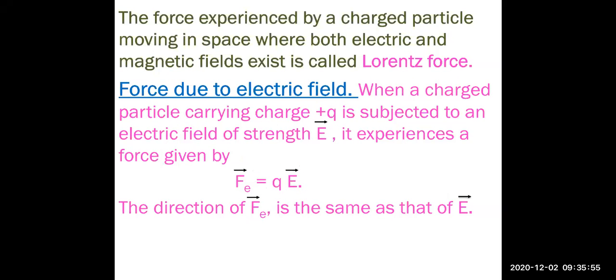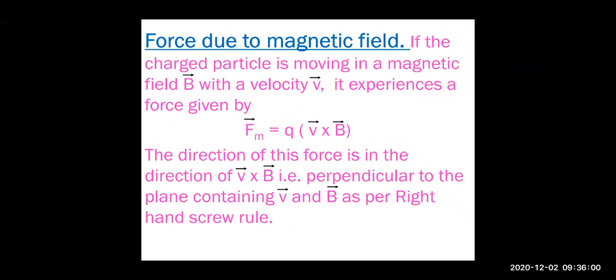Now let's see what is the force due to magnetic field, which we have derived in the last class. So you can go through the recording of the previous class for this derivation. So here children, Fm equals to QV cross B, where Fm is the force due to magnetic field, means when the charged particle is moving in external magnetic field B with velocity V, then the force acting on it is given by Fm equals to QV cross B, where Fm is the force due to magnetic field.